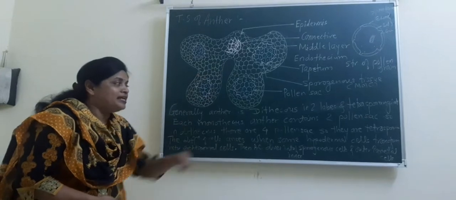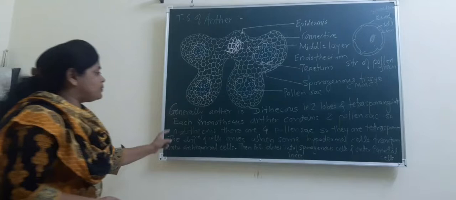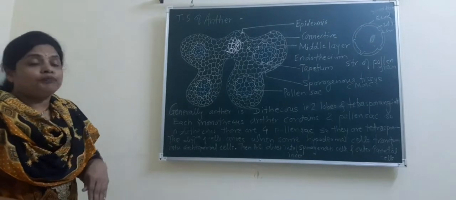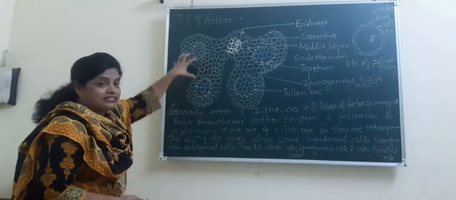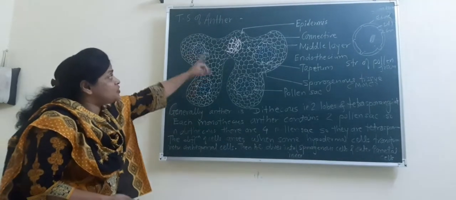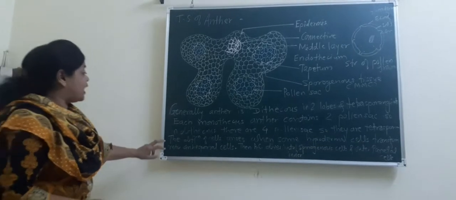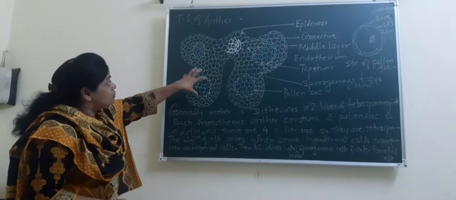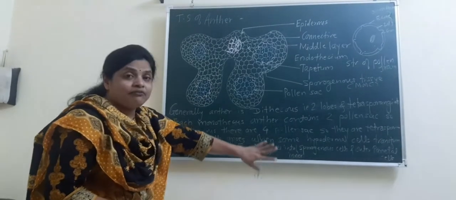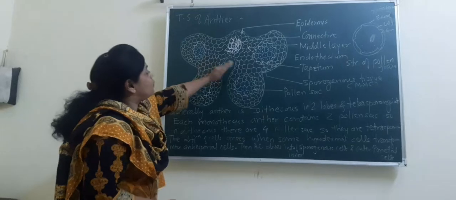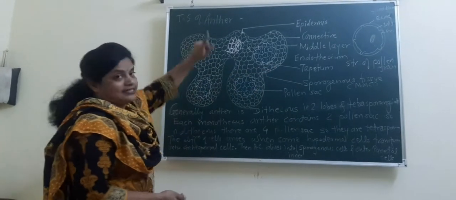This differentiation of cells arises when some hypodermal cells transform into archesporial cells. These archesporial cells divide into inner sporogenous cells and outer parietal cells.